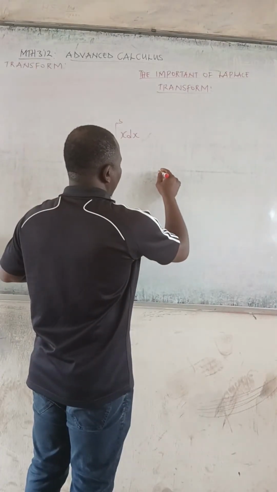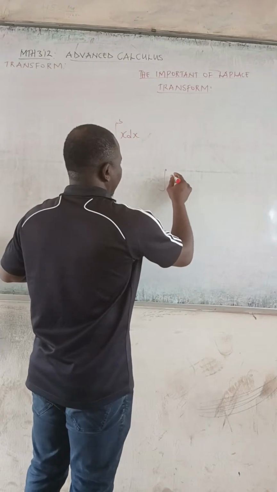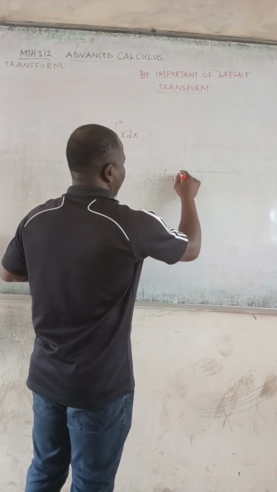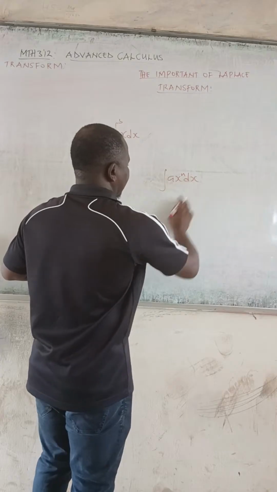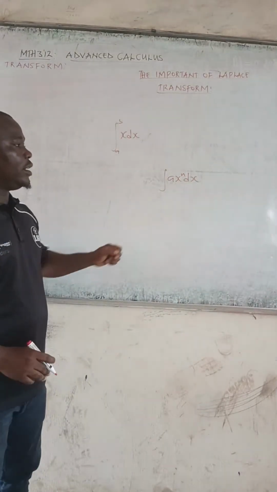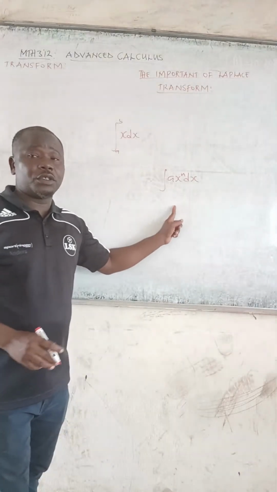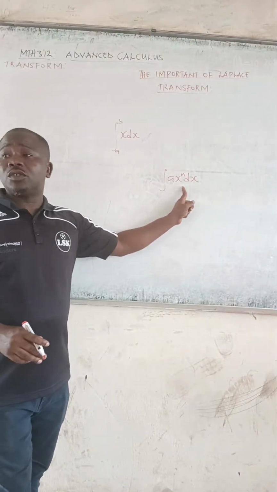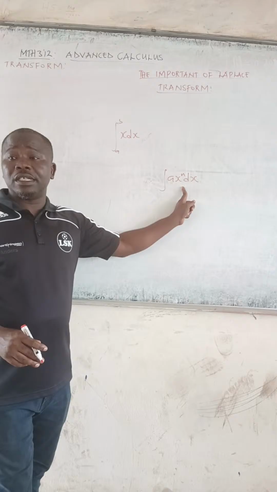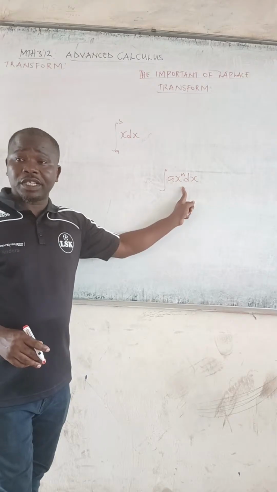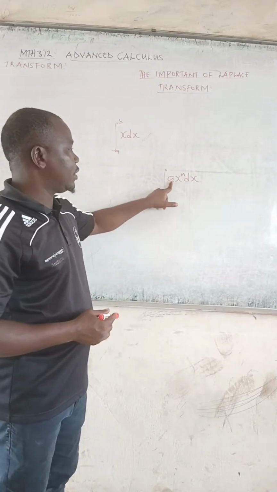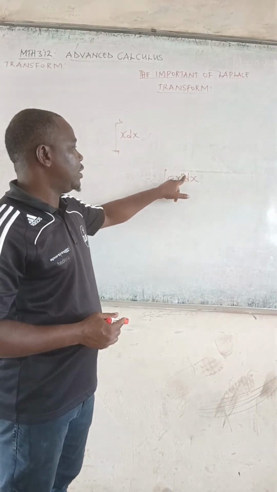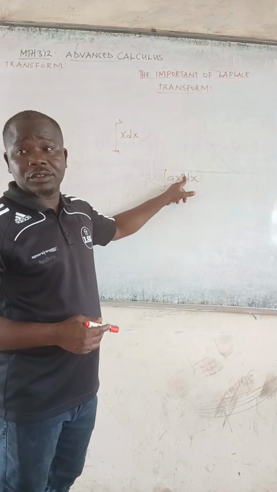Assuming you are asked to integrate the integral of ax raised to the power n dx. You know, integration is the opposite of differentiation. We know that a is a constant, this is x, then this is raised to the power n, true or false?